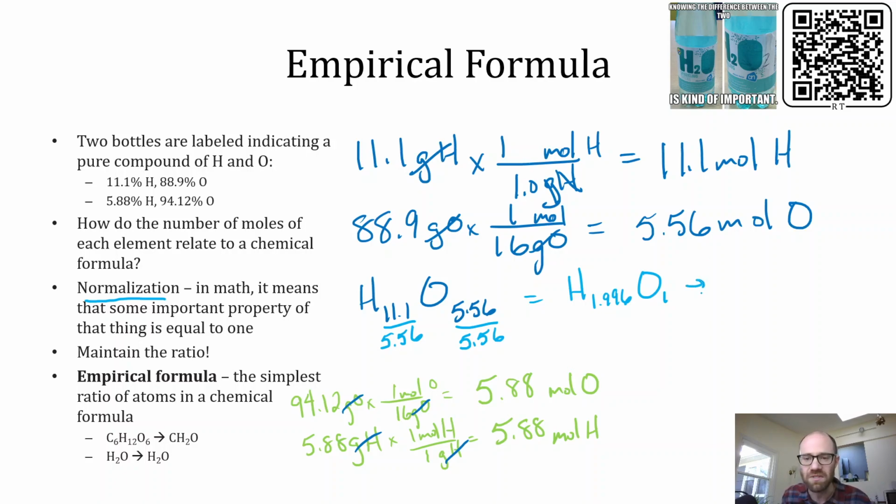I think that's close enough, if we can all agree. That should be a 2, which means that this first compound, compound A, is actually water, with 11.1% hydrogen. That ratio of masses corresponds to that ratio of atoms.